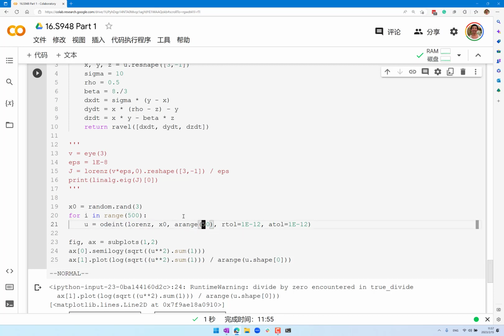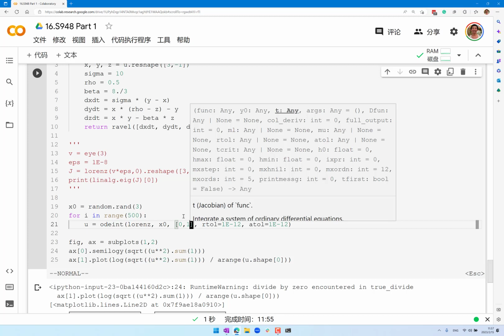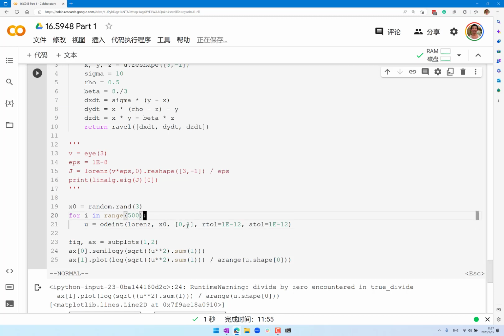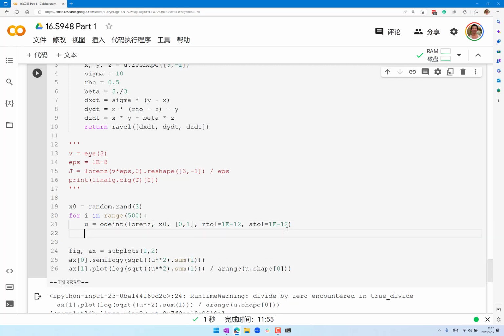Each time I'm going to be integrating over just one time unit, from 0 to 1, and I'm going to be setting my x0 back to u at the last time step.